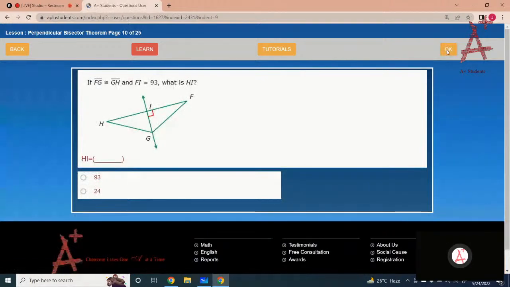Okay, the next one is, if HG is congruent to GH and FI equals 93, then what is HI? Is it 24 or 93? It is 93. Good. Select the correct option and click on the OK button.